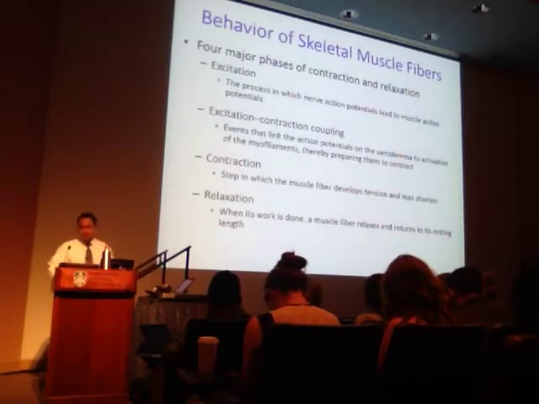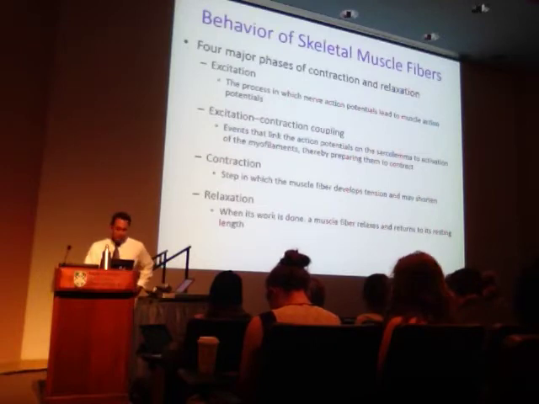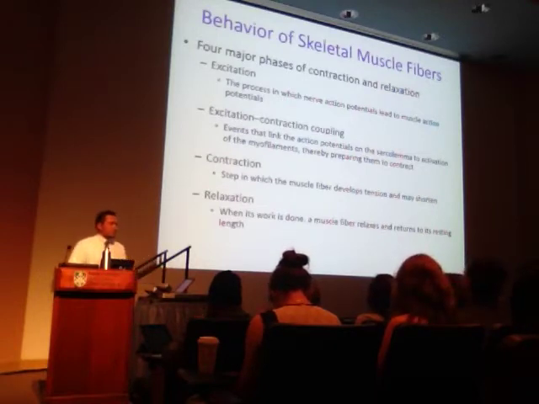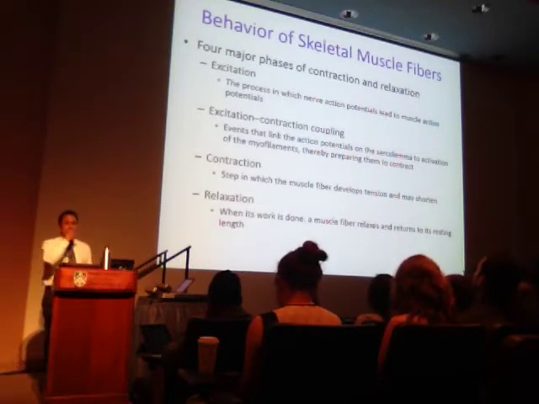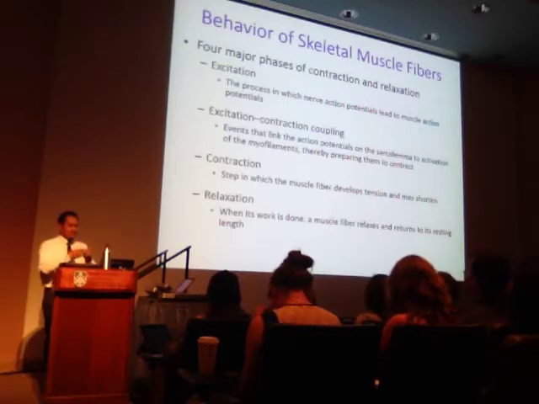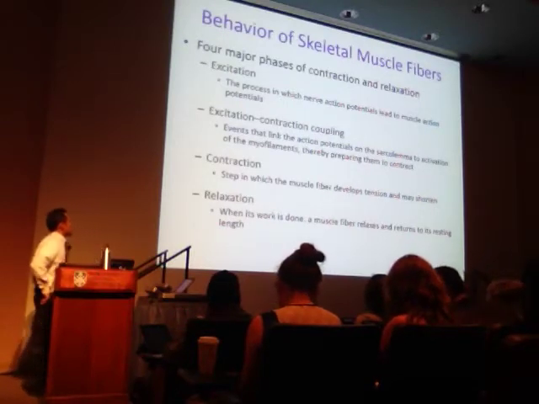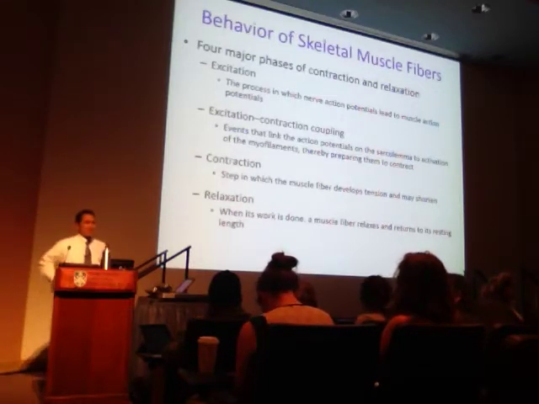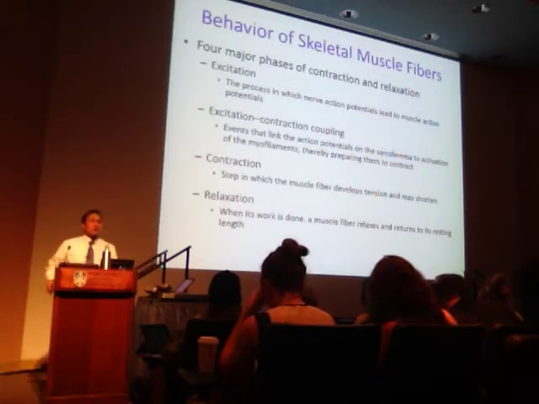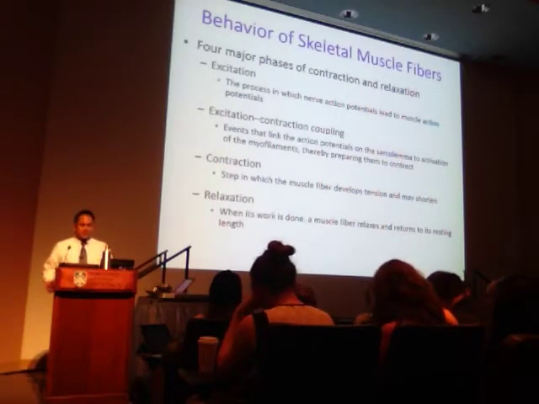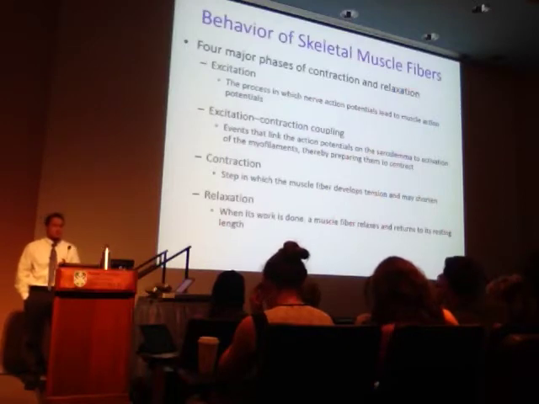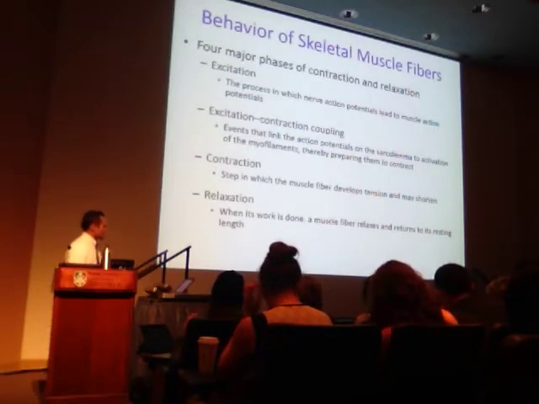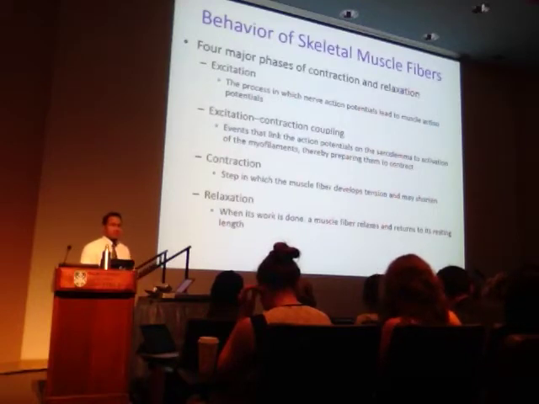Okay, so some examples of types of questions that you'll see on Wednesday. Talk about excitation-contraction coupling. Well, we already did. We're just recapitulating it, saying it again in a different way. We have really 4 phases that you could help categorize in your head in preparation for Wednesday's exam. We have excitation. This is the process by which the nerve action potentials create muscle action potentials.